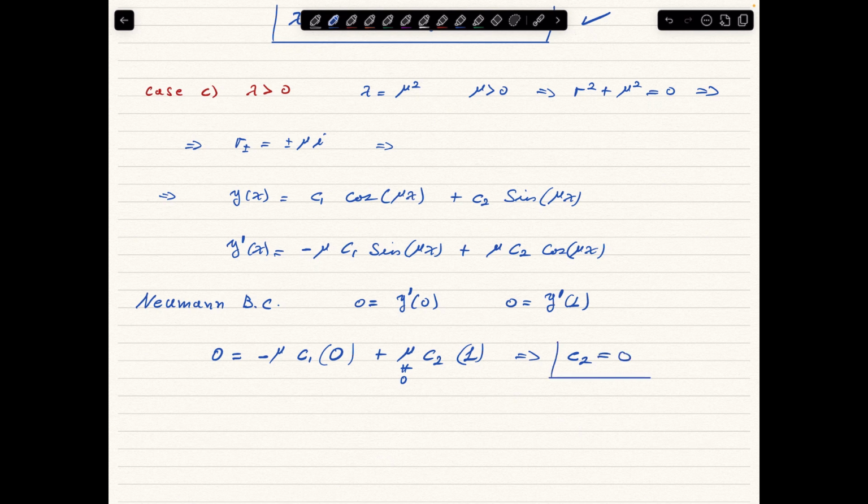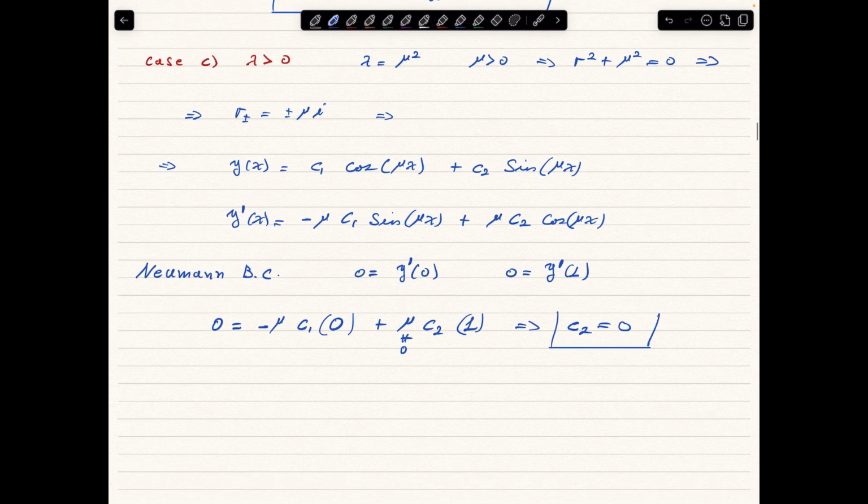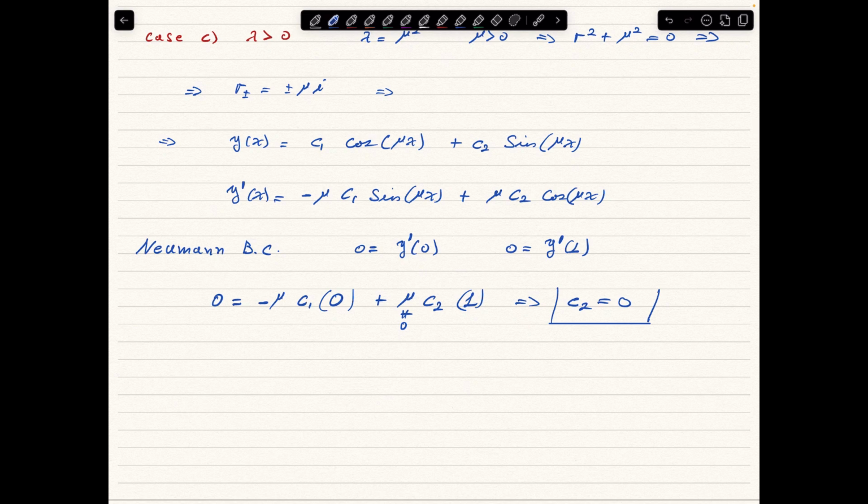So now is a good time to put this condition into the original function. So what we have here is that y of x, right now c2 has to be 0, so that is not there, and this is the function we are working with after one boundary condition: c1 cosine of mu x.